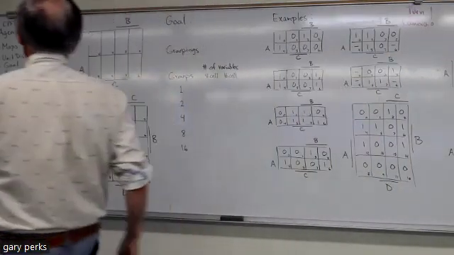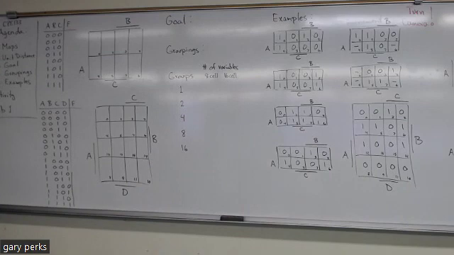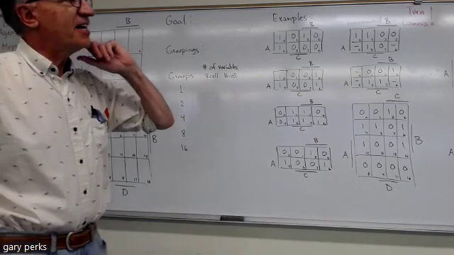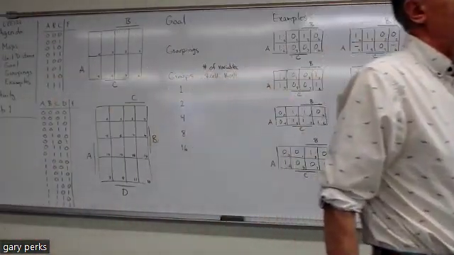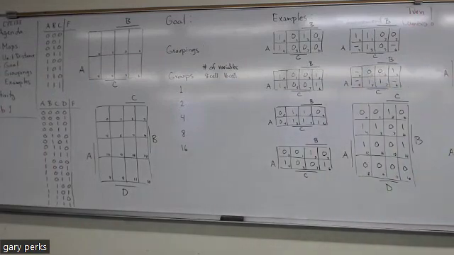So here's the topics of the day. Like I said, we're going to talk about Karnaugh maps, and these are some of the subtopics of Karnaugh maps. And I'm going to do a bunch of examples here in class, and then I have an activity for you to do. Okay, remember, every class I have has an in-class activity where you can practice what you hopefully just learned during the lecture.